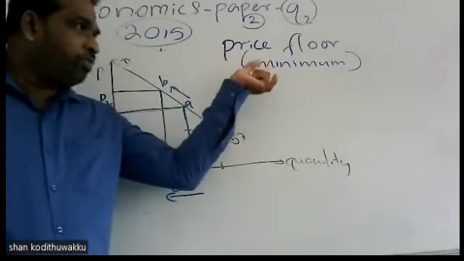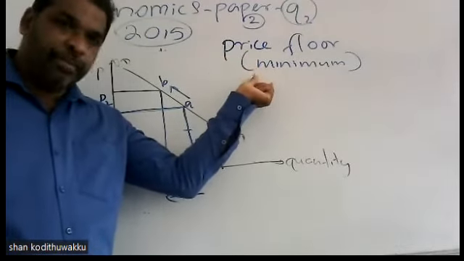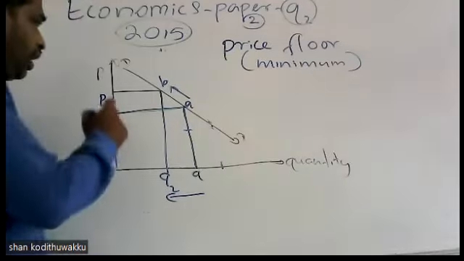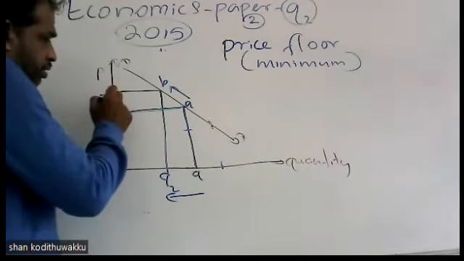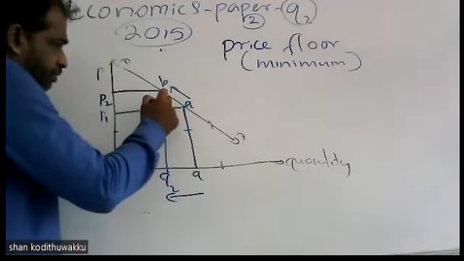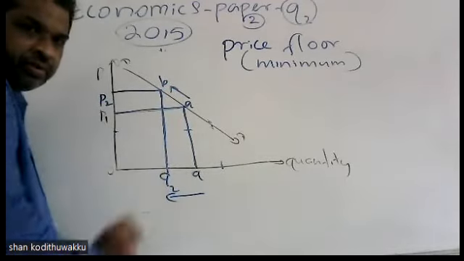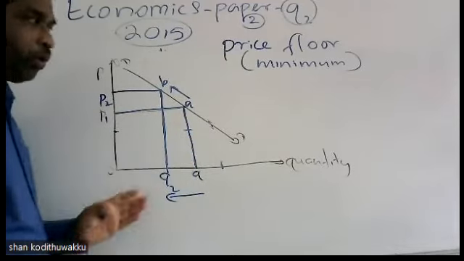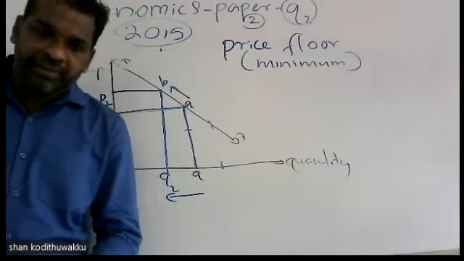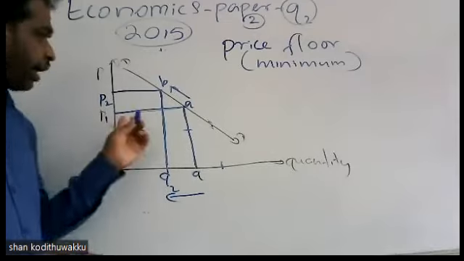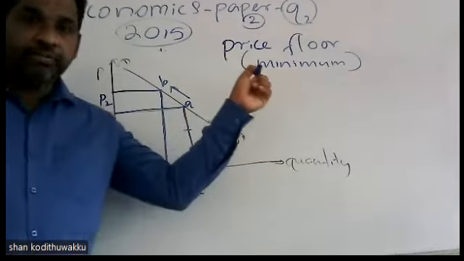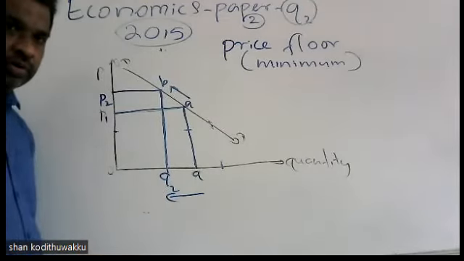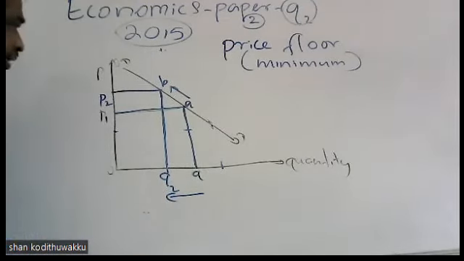Government normally imposes a price floor or minimum price to protect suppliers or producers. This is the price fixed by the government to protect producers or suppliers or sellers. Therefore, price floor or minimum price will be a higher price than the market price imposed by the government to protect sellers or producers or suppliers in the market.